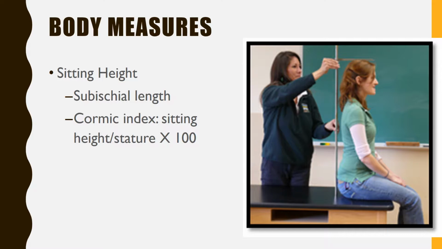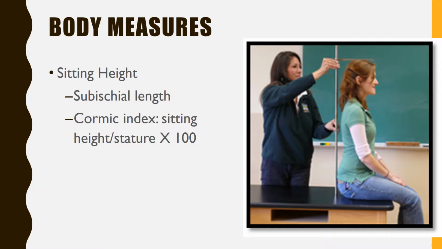The Cormic index is a measure of relative sitting height calculated by dividing sitting height by stature and multiplying by 100. This provides a ratio. So in other words, if your Cormic index, for example, is 52%, this means that 52% of the person's height is due to their upper body length and 48% is due to their lower body length.